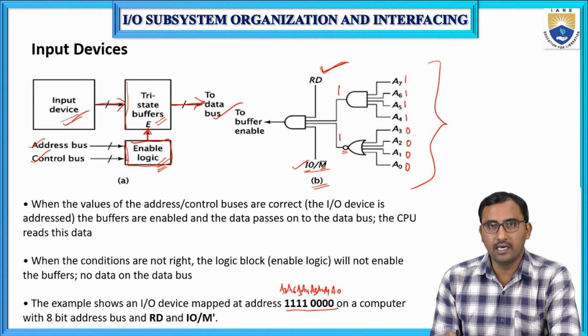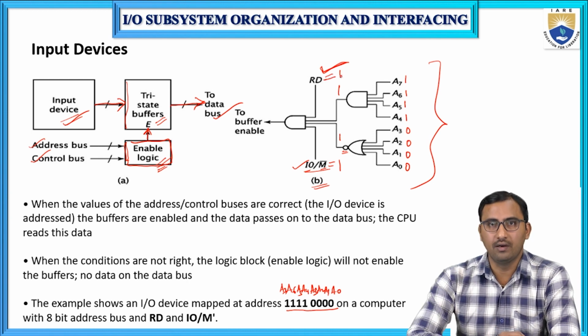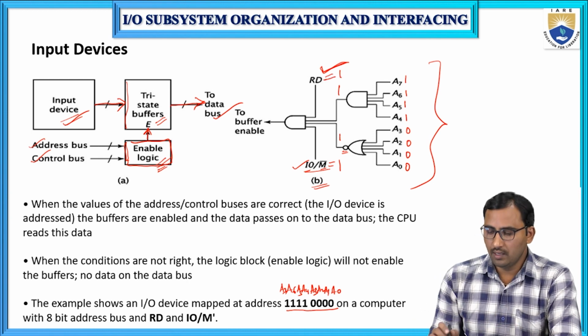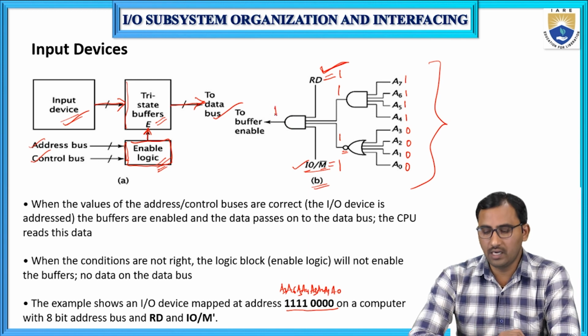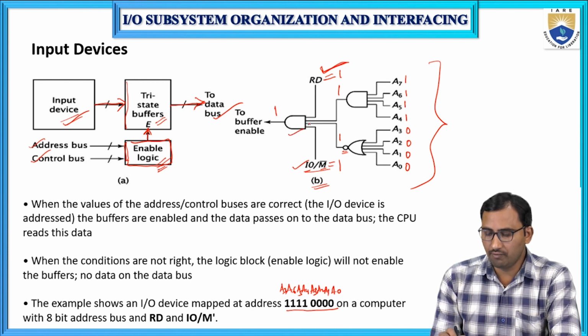Memory M is an active low signal. Active low means it will be active only for logic 0. So in order to perform the IO operation, this pin should be equal to 1, and in order to perform the read operation, this should be logic 1. So finally, the output of the AND gate will be logic 1 because this AND gate is having 4 inputs.